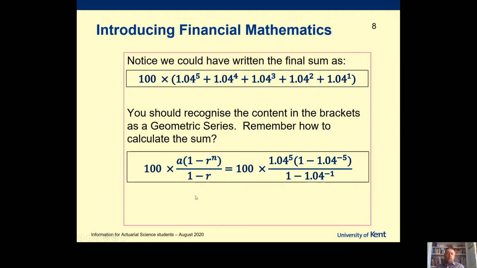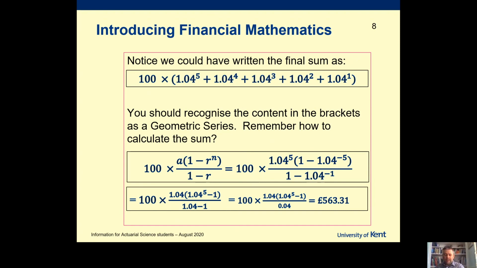Okay, so that gives us a way of evaluating this sum and this amount of money without needing to calculate each of these terms individually and add them up at the end. And we can simplify that sum a little bit. So what I've done here is two things actually.